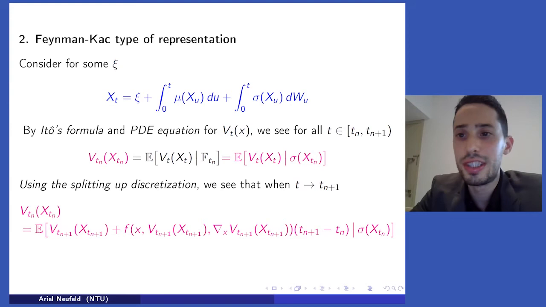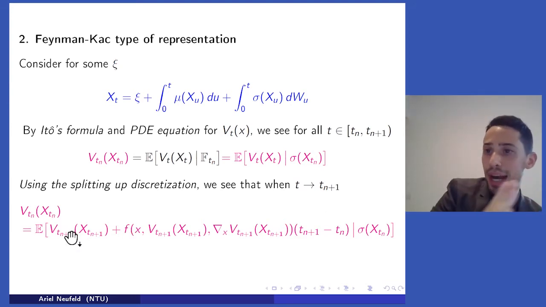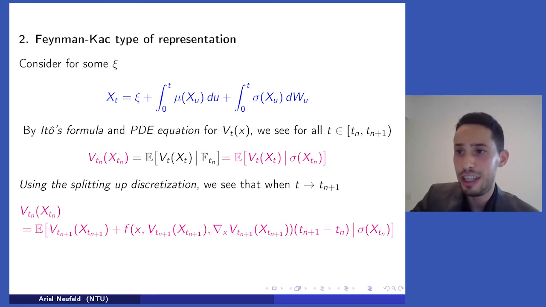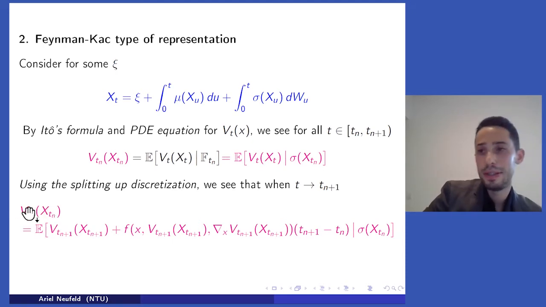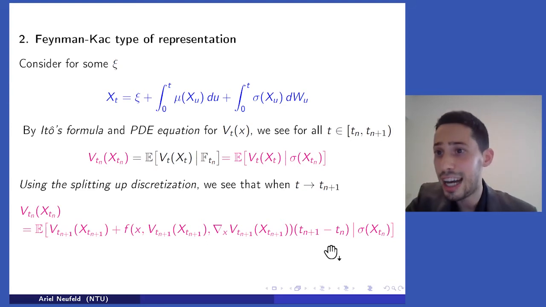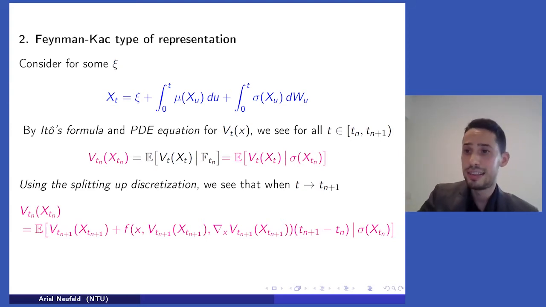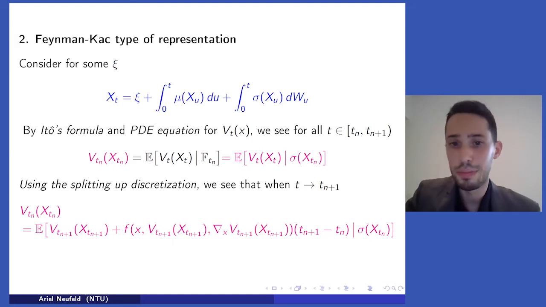So in particular, what you see is that if you go backwards in time, at time big T you know the value V(T), because this is the boundary condition phi. And now you can recursively go backwards: if you know the value V(Tn+1, X_(Tn+1)), you can express the value of V(Tn, X_(Tn)) as a conditional expectation, which is nice because we have just learned before that the conditional expectation is a solution of a quadratic minimization problem.